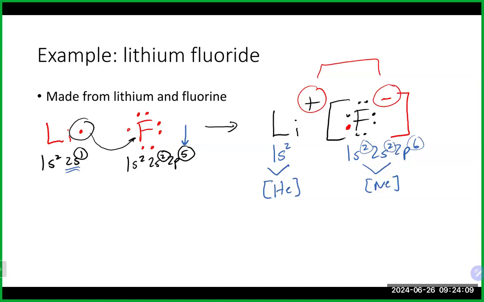They are isoelectronic, with lithium with a +1 charge having the same electron configuration as helium, and F minus having the same electron configuration as neon. They become just like noble gases in terms of electron configuration, which is the goal of all bonding.